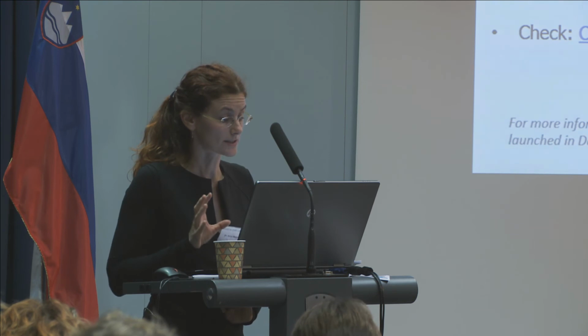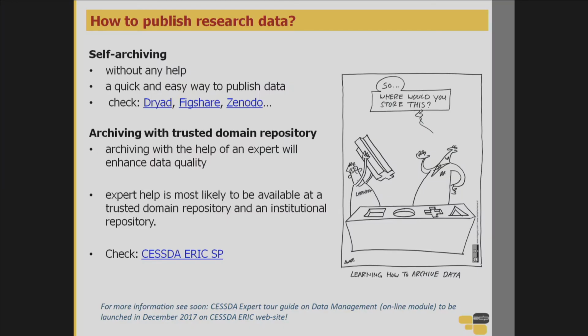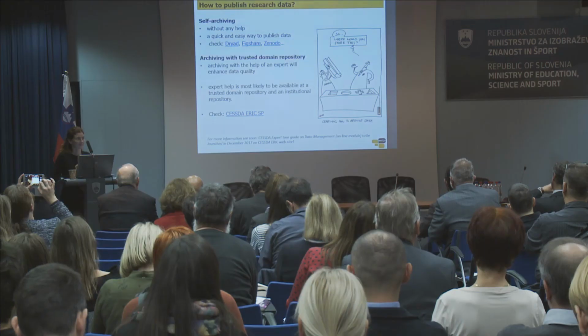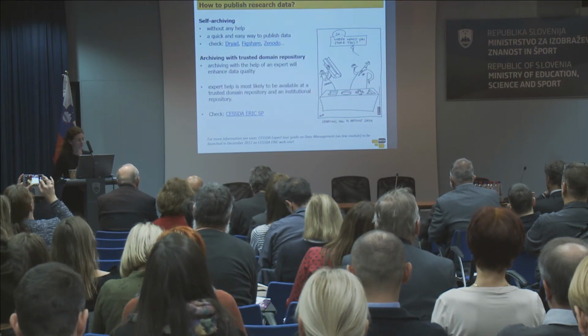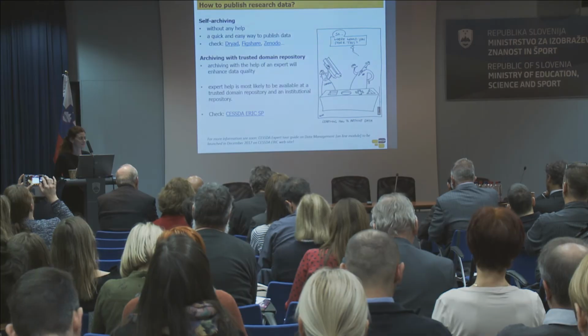And on the other side, you have archiving with trusted domain repositories. There you can usually get the help of an expert, who can help or guarantee to enhance the data quality. But a disadvantage of this kind of archiving is, of course, that it is time-consuming and it takes some extra effort. And that's what we do in our archive as well.